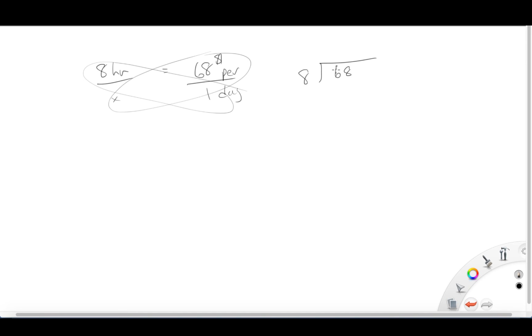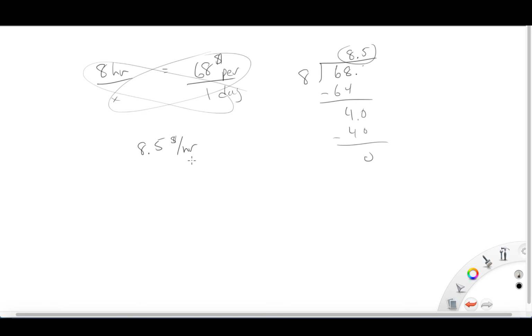Well, how many times does 8 go into 68? 8 times 8 is 64, and then we're going to carry a 0 here, which is 40, and then 8 times 5 is 40. So there we go. That means $8.5 per hour.